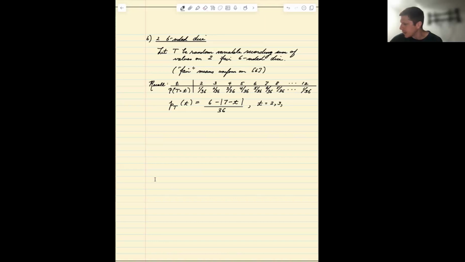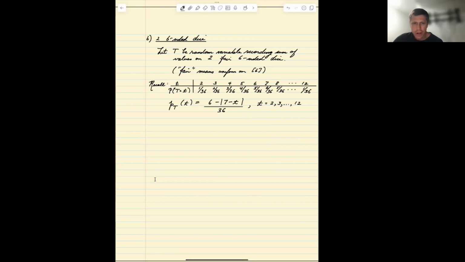For example, if we plug in the value 4, we get 6 minus absolute value of 7 minus 4, over 36. This is 6 minus 3 over 36, which is 3 over 36, exactly what we calculated. So this is a general formula that allows us to express this probability table in one simple closed form.